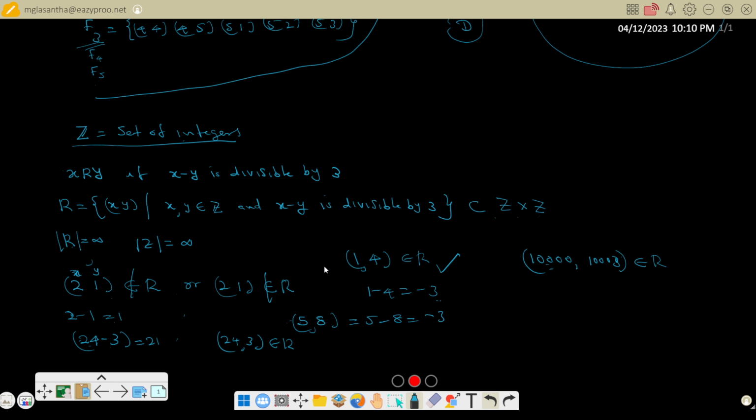Is it clear? (10,000, 10,003) belongs to R. Yes, this element belongs to R. So you can write many relations like that.